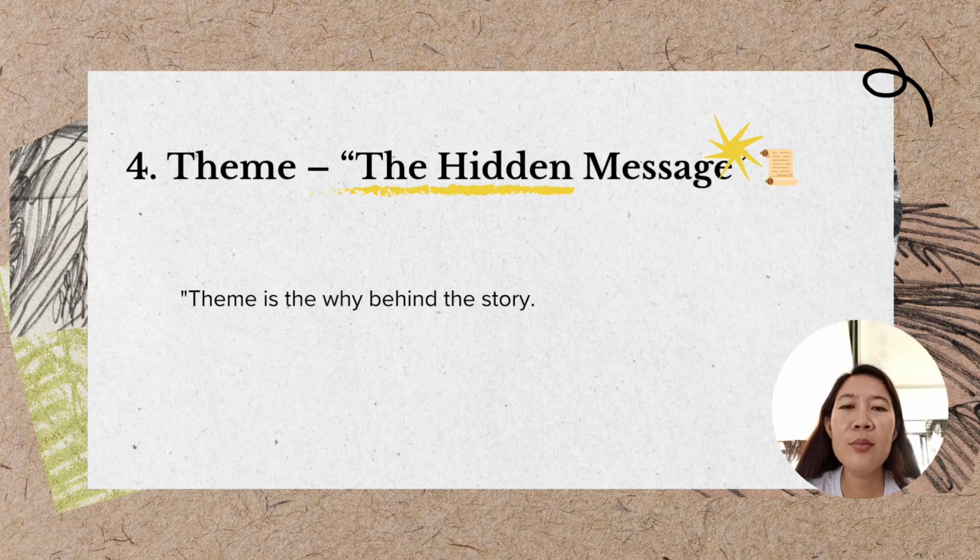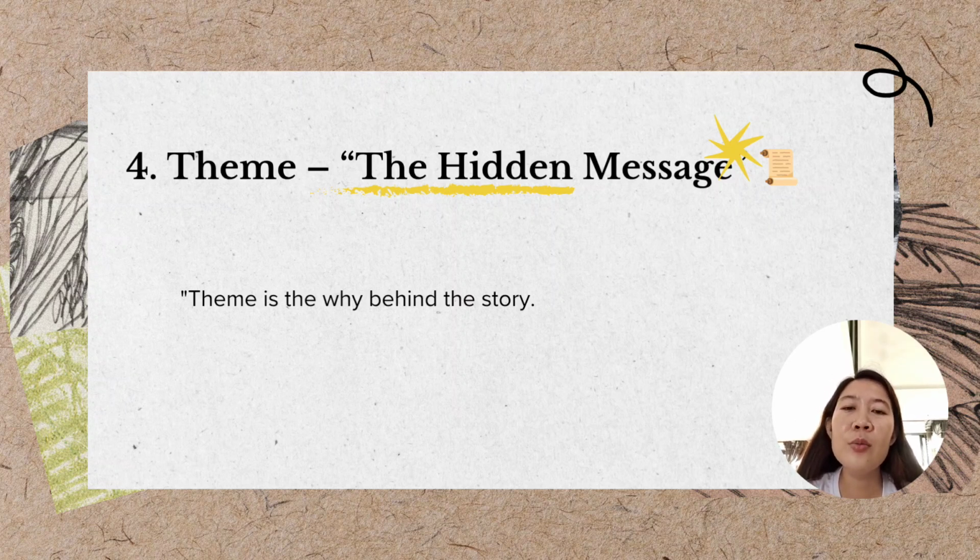Okay, class, we are almost there. We are now in number four. Number four is the theme. The theme is the hidden message. The theme is the why behind the story. Is it about love, power, betrayal, or the pineapple pizza debates?